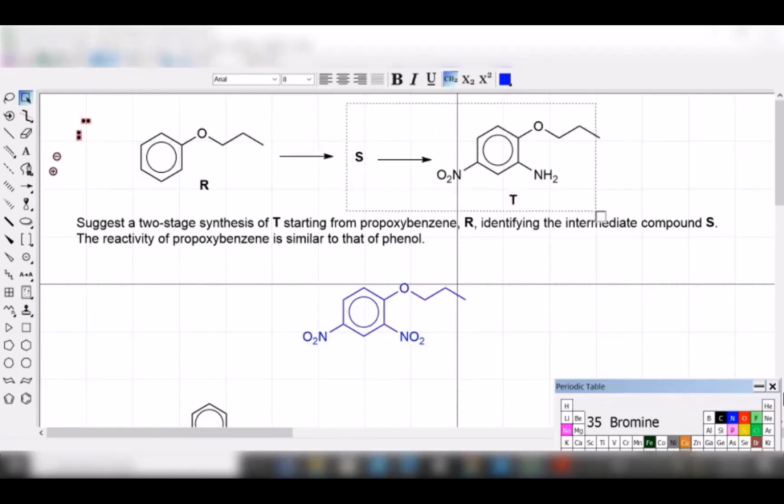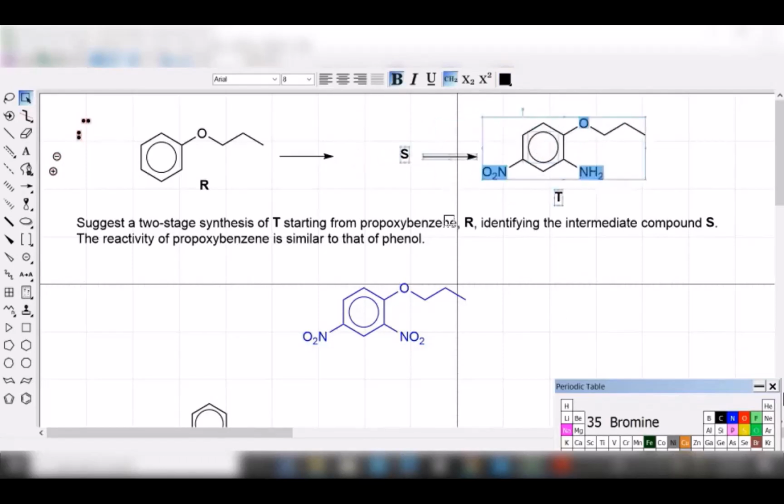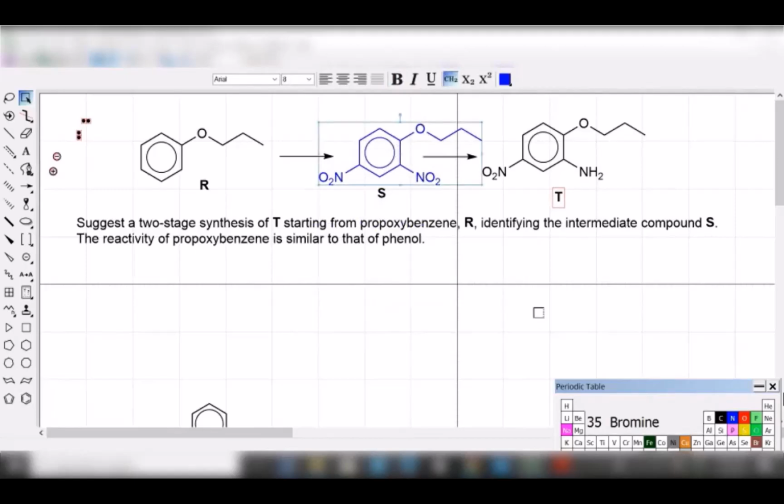I hope that your S, the structure of S, is the one in blue. So I'll just put it in. I hope that this is okay. And as I mentioned earlier on, if you have an O-alkoxy, nitration is simply dilute nitric acid, I think you can easily get that condition.